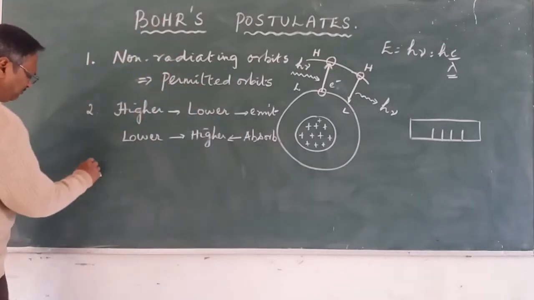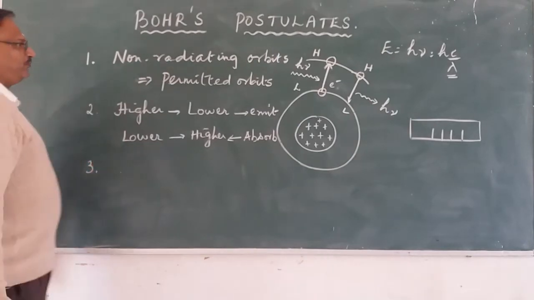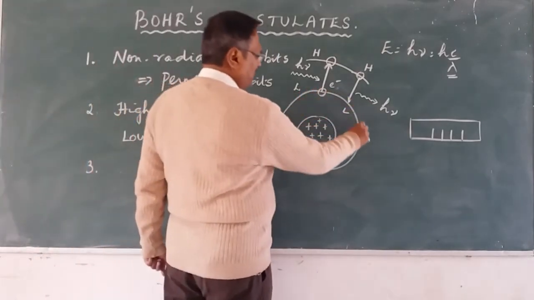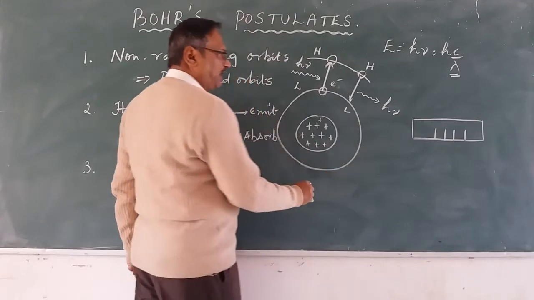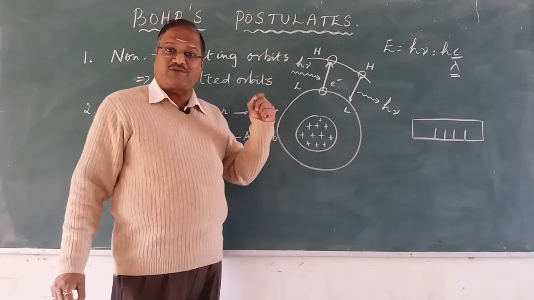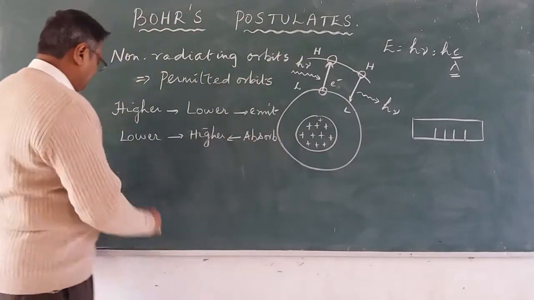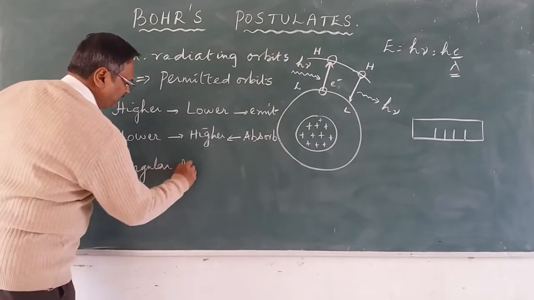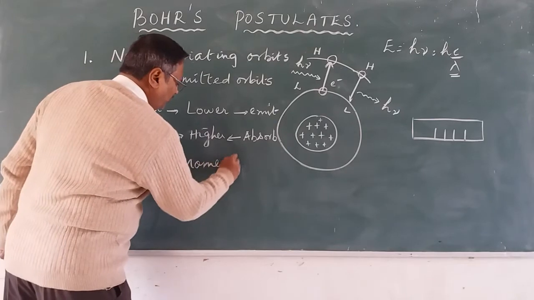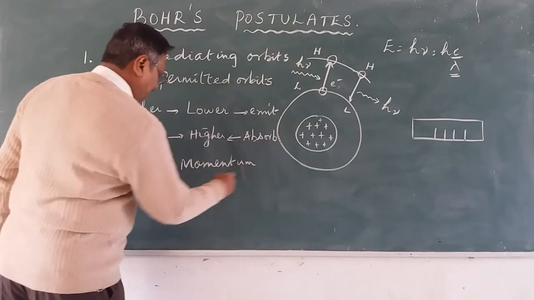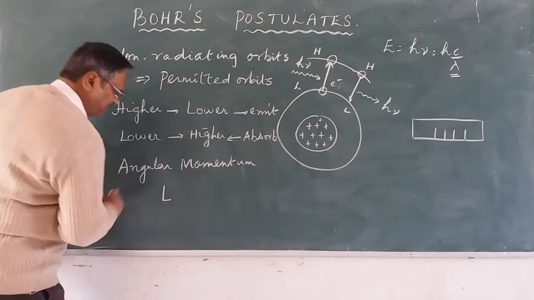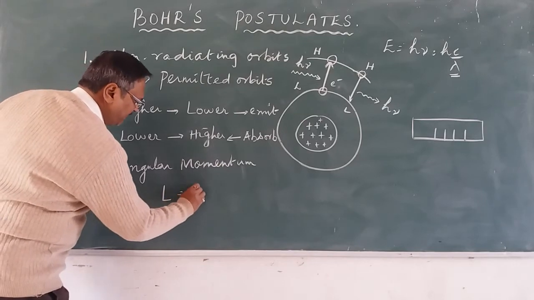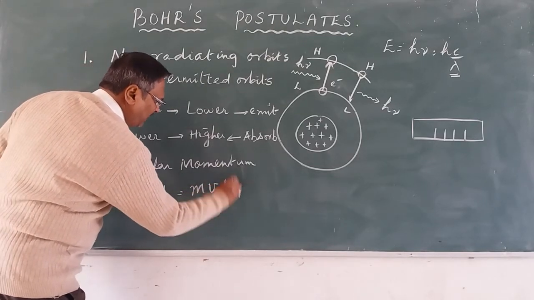Now the third important point is, whenever the electron is revolving in a circular path, it should possess angular momentum. Yes, see, this is about angular momentum. Okay, now when we talk about angular momentum, what is that? L is the symbol. Angular momentum is given by mvr.